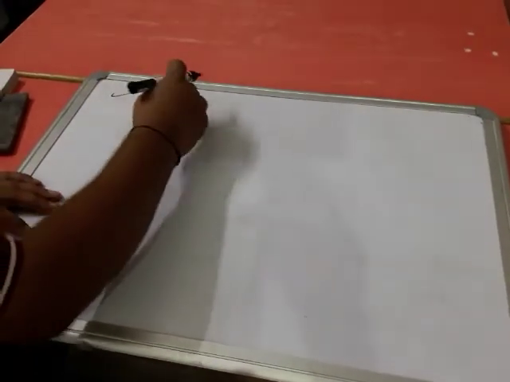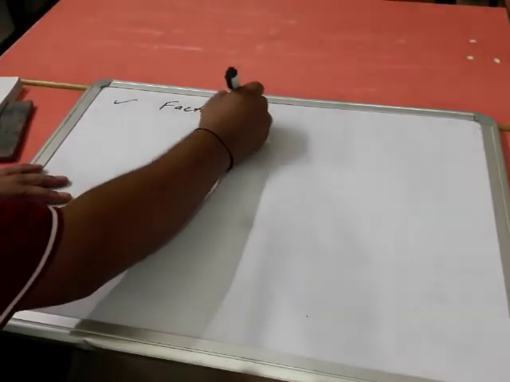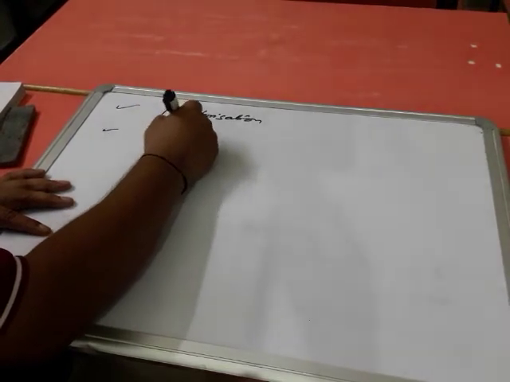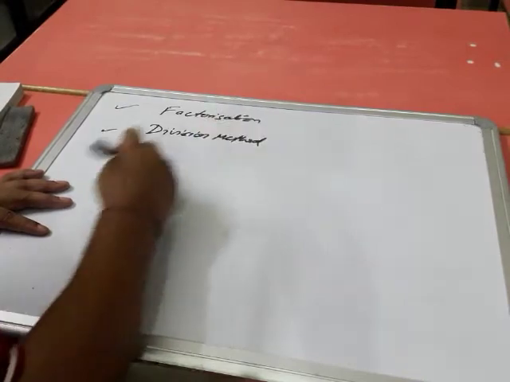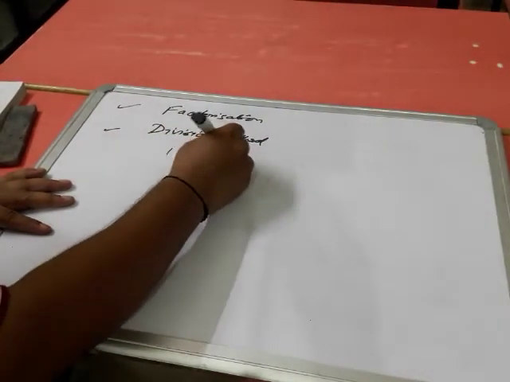Now we have already studied many ways of finding HCF in junior classes. We can find HCF by factorization or by the division method. Suppose we have to find the HCF of 18 and 30.